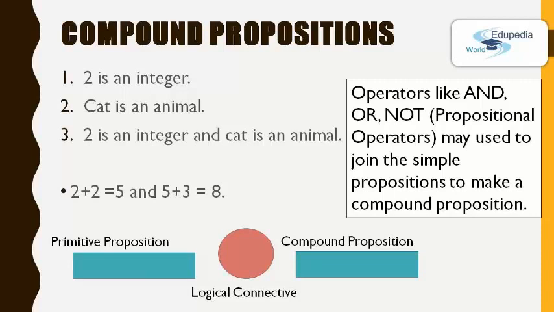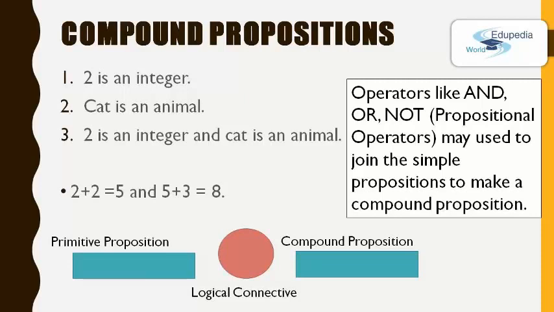Now take these two primitive propositions. 2 is an integer, cat is an animal. By using the AND propositional operator, we can join these two primitive propositions. So 2 is an integer and cat is an animal. So likewise, by using a logical connective, we can connect two primitive propositions. When two primitive propositions are connected, we say compound proposition.